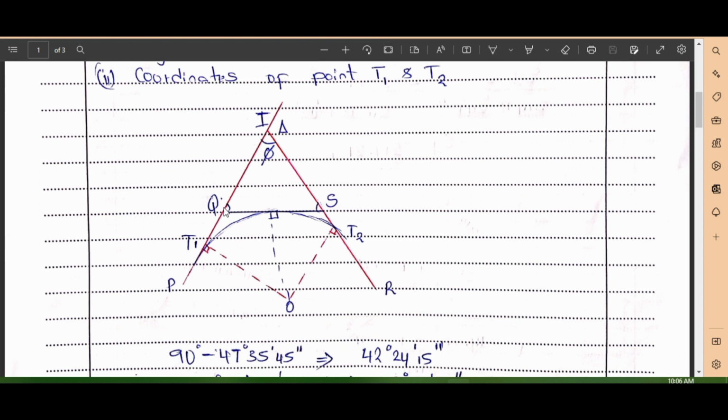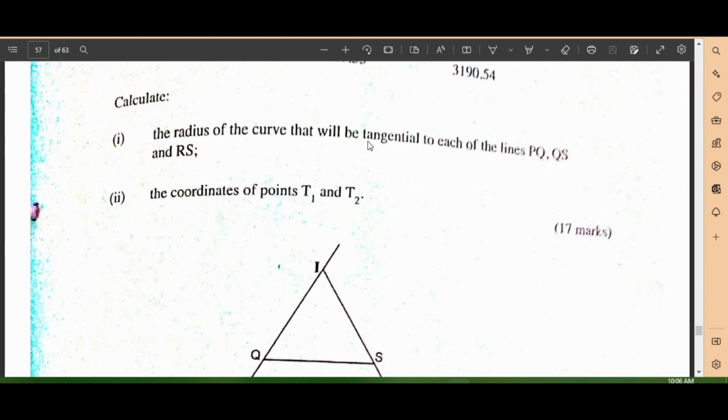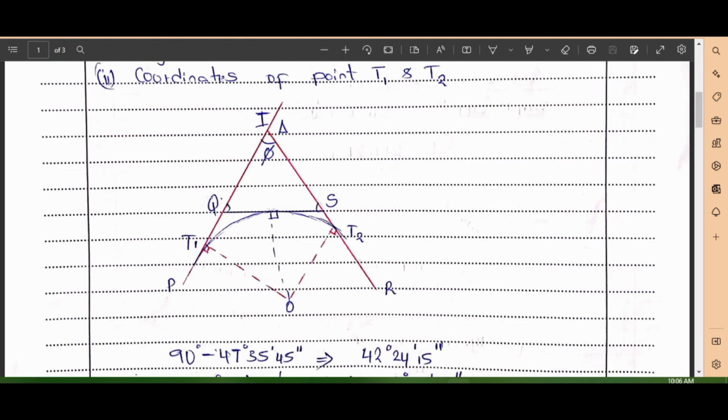So this is PQ, and in order for it also to be tangential to QS, and also to be tangential to SR. So when a curve meets a straight line and forms 90 degrees, it will be tangential, which we have been told here.